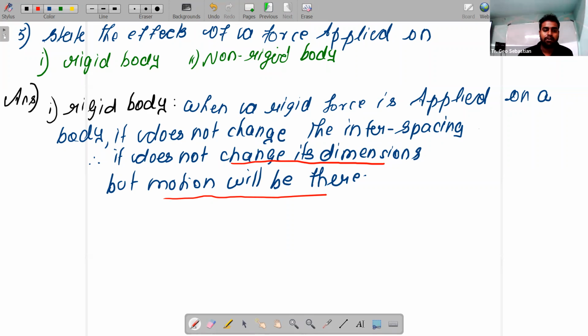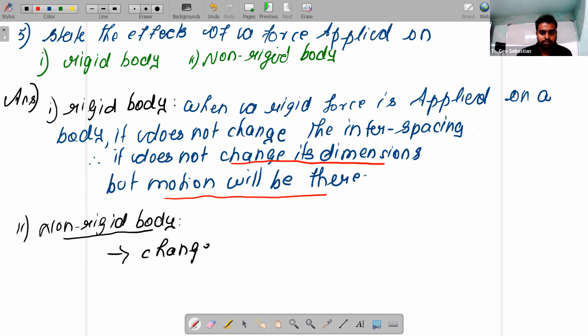Now, when you apply force on a non-rigid body, what happens? Second one, non-rigid body. Just write: change in dimension. When a force is applied on a non-rigid body, there will be change in dimension.